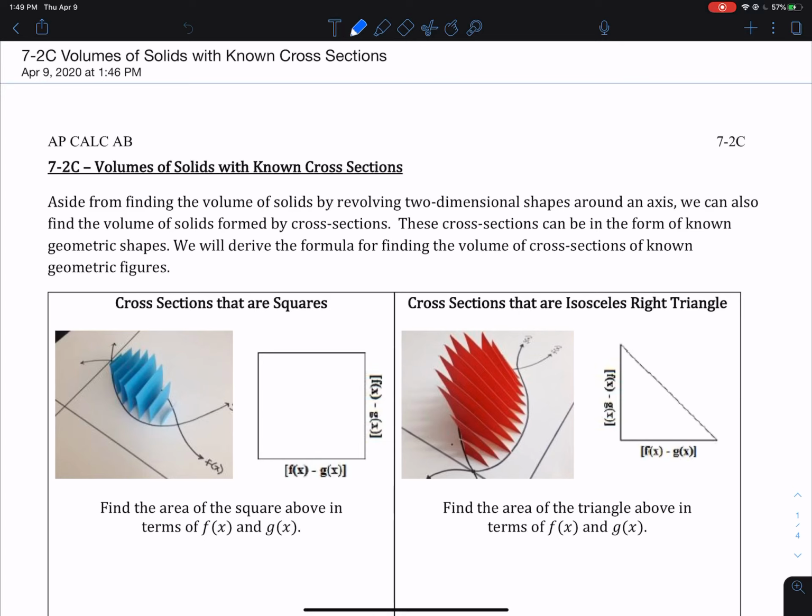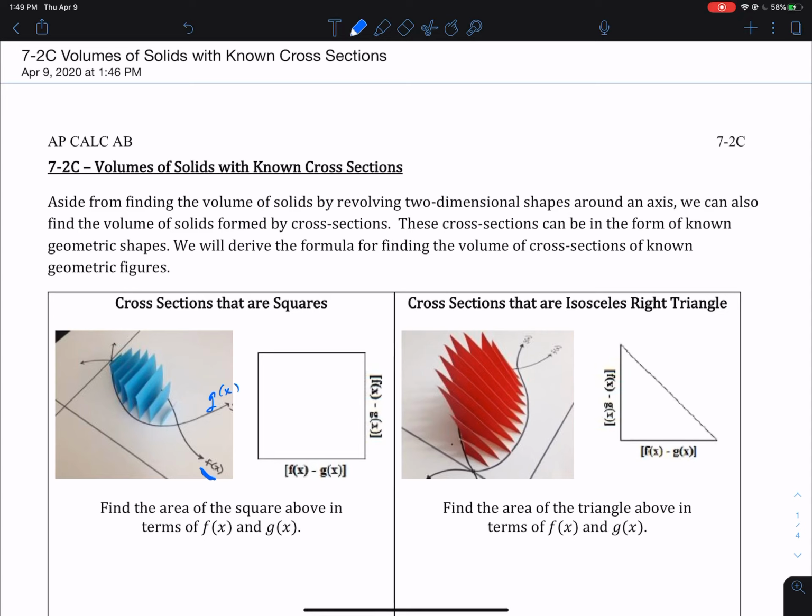Okay. A cross section, if you look at these pictures in your handout, we have two functions here, right? So here's f of x, and this is g of x. We can find the length between the two, so the area between two functions is f of x minus g of x, or g of x minus f of x, however you want to label it.